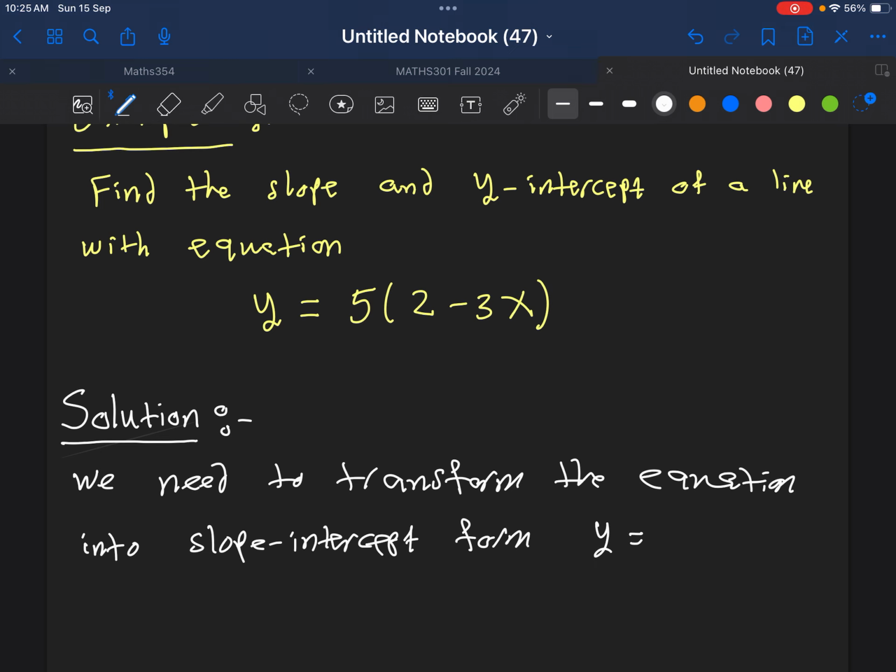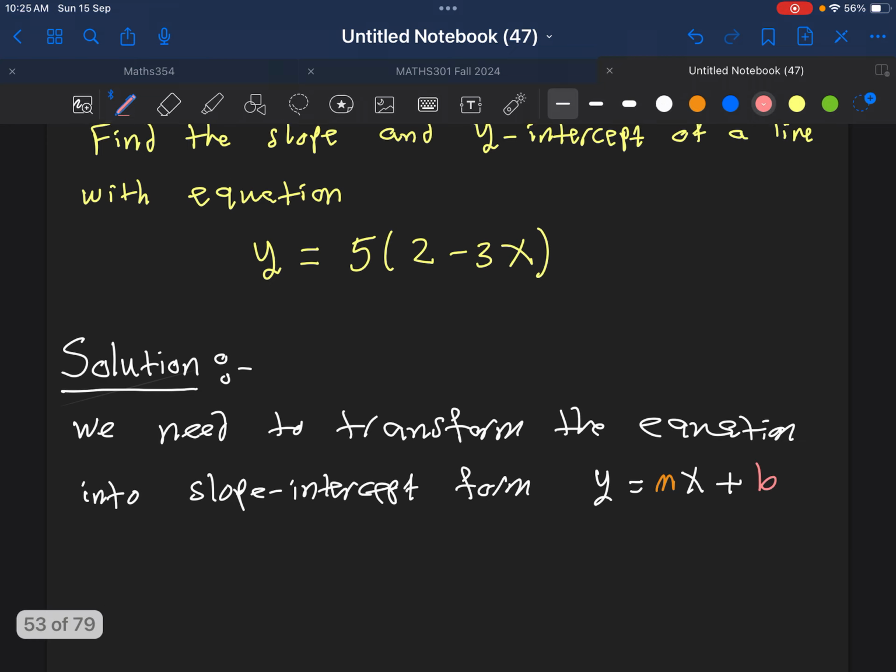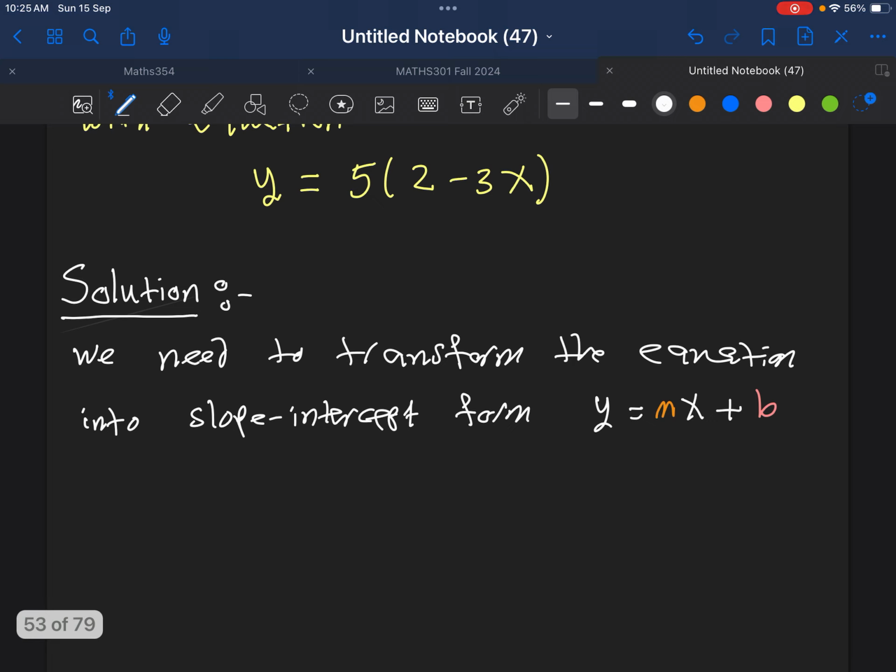And remember, slope intercept form means I need to write it as y, only one number with x, plus another number alone, that will be the y-intercept.